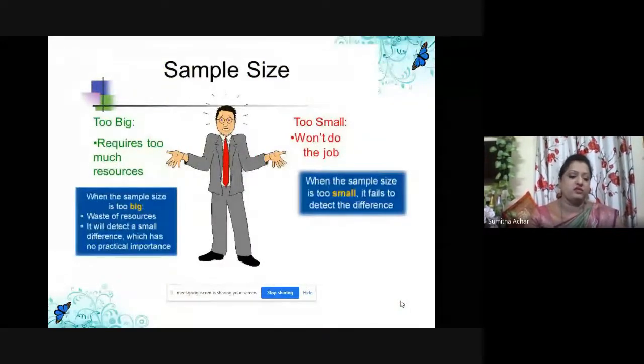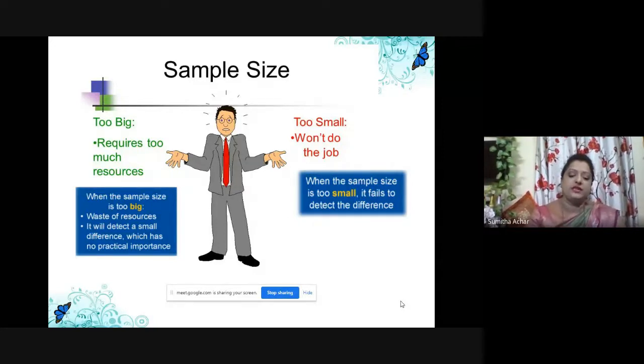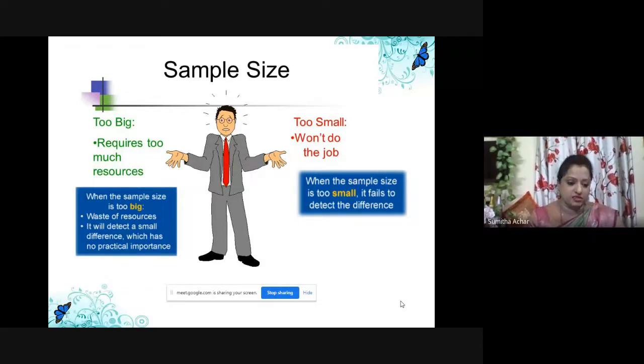Now the question for the researcher: what should be the sample size that needs to be included in the study? Should I have big samples or small samples? First and foremost, researchers should always think about the budget and time allotted for the research.